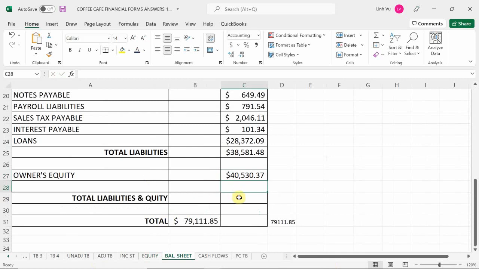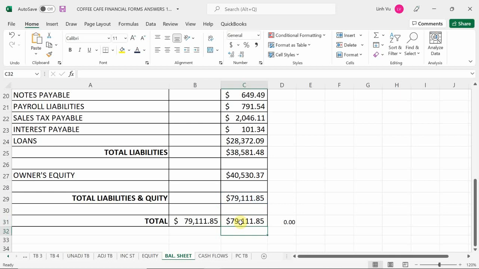And now I'm going to add these two numbers together, the $38,881 plus my $40,530 to give me a grand total of $79,111.85. And there we have it.